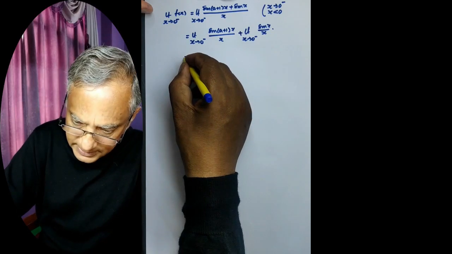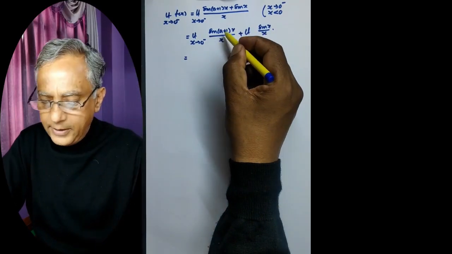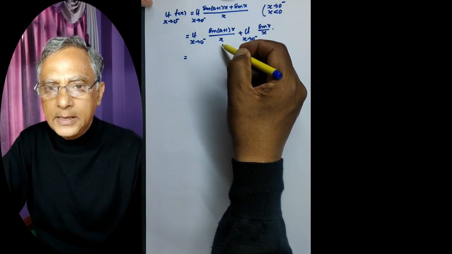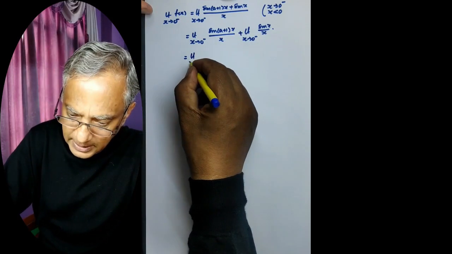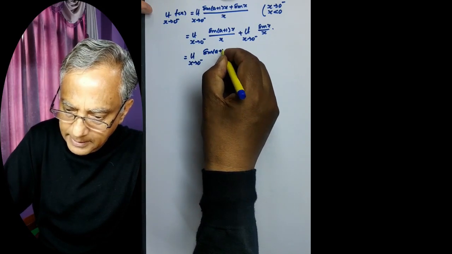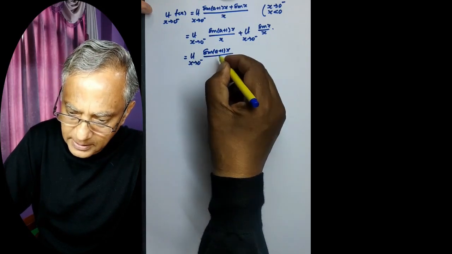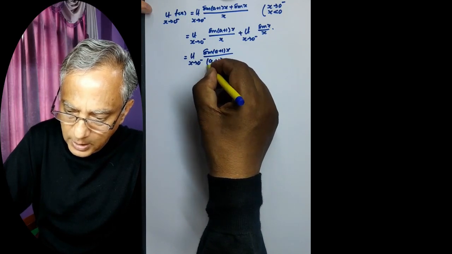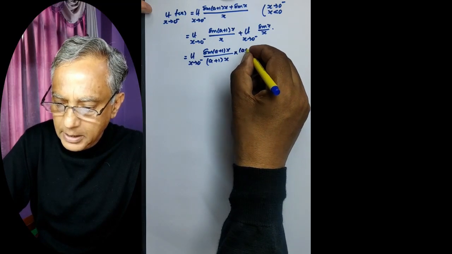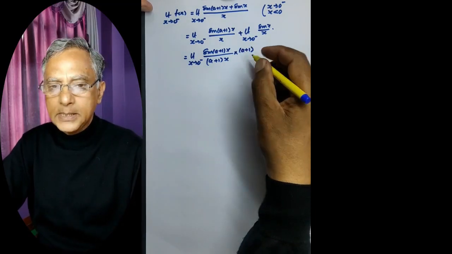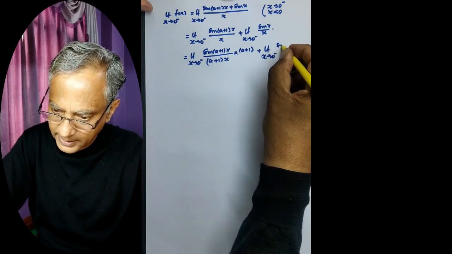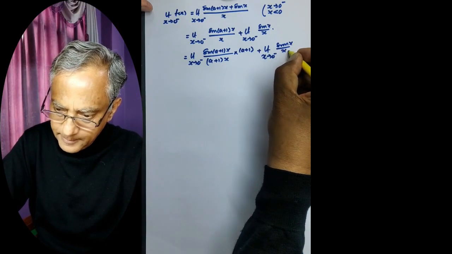So this is equal to, now here we have sine (a plus 1)x, so we must have a plus 1 in the denominator. So we must write this as limit x approaches 0 from the negative side, sine (a plus 1)x divided by (a plus 1)x. We are dividing and multiplying by a plus 1. And this limit x approaches 0 from the negative side, sine x by x.